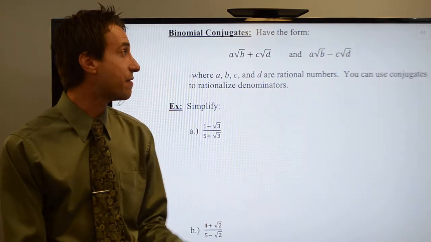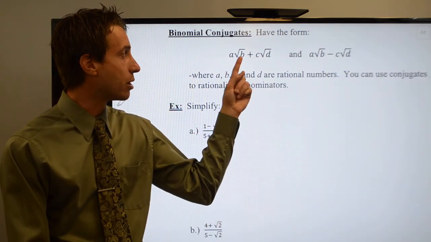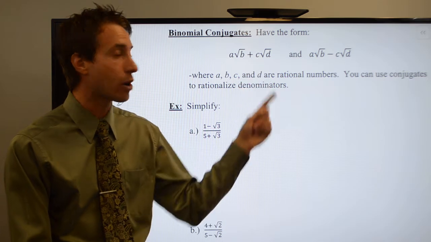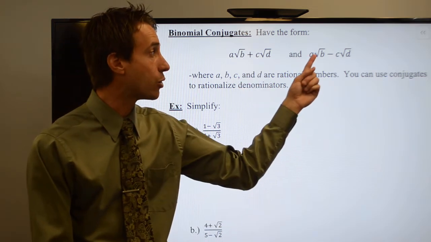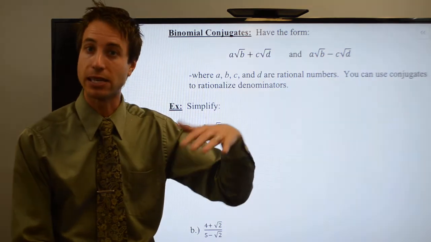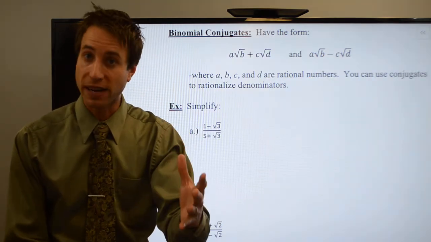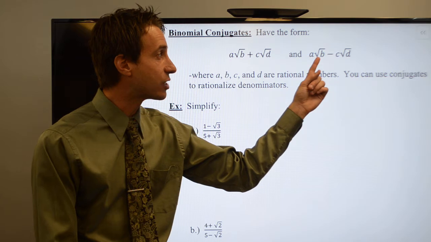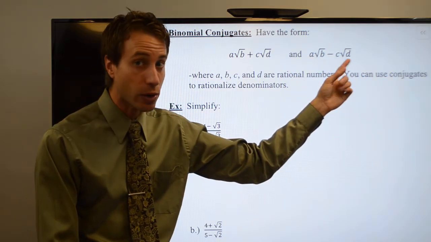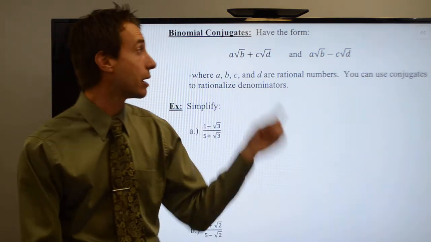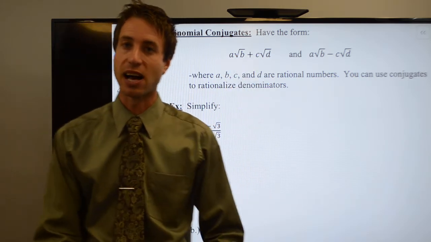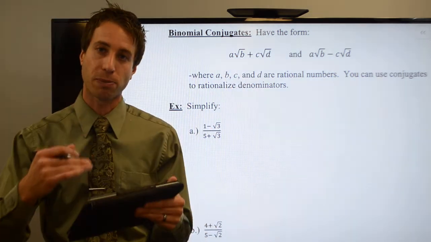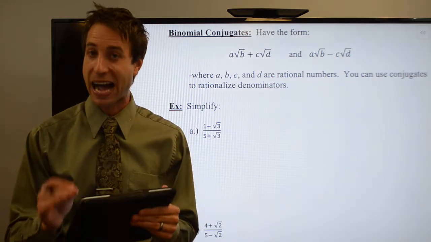If you're given a square root of b plus c square root of d, the conjugate would be a square root of b minus c square root of d, or vice versa. If you're given a square root of b minus c square root of d, the conjugate would be a square root of b plus, right? You just change the sign, and then we'll multiply top and bottom by the conjugate.